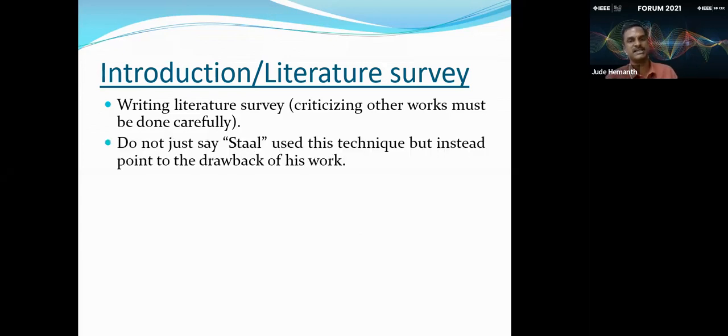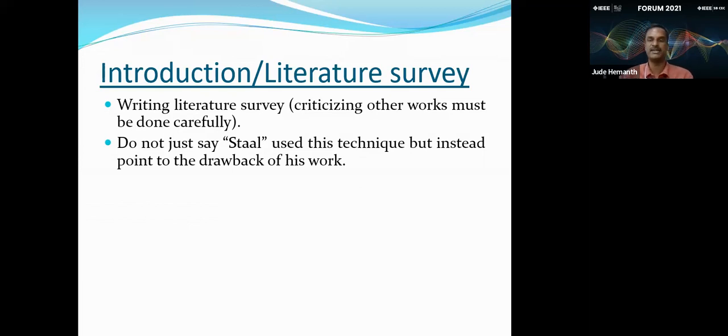Do not just say, Stahl used this technique. Till now, 80% of the papers doing literature survey give just a summary. I do not want a summary. I do not want to know what Stahl has used. I am interested to know what Stahl didn't do. So instead, point to the drawback of his work.